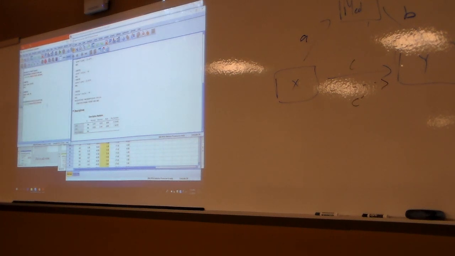Okay. So, going to run my model. For my causal steps approach, what do I run in my first model? Neil, what is it? Just a simple regression. So we'll predict Y on X, right? So here my outcome is social support. My predictor is centered PTSD.